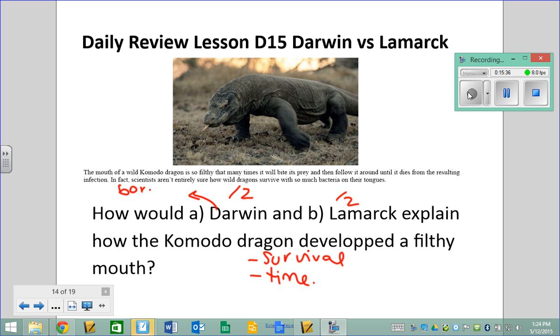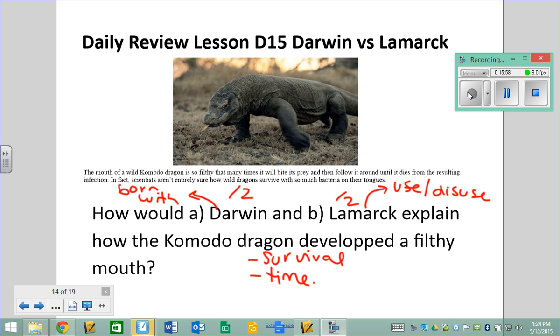Darwin would say one of these dragons was just born with it. So over here, someone wrote, mom was born with it, kid had a dirty mouth. So if the parent has the characteristic, they're born with it, then it makes sense they should also be able to pass it on to their offspring. Lamarck would say it's the idea of use and disuse.